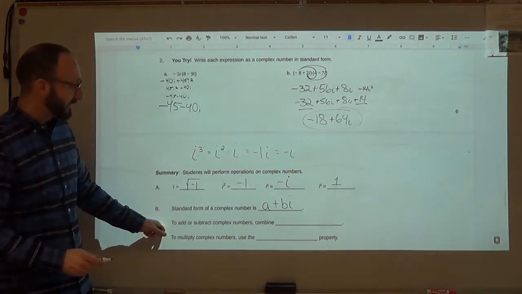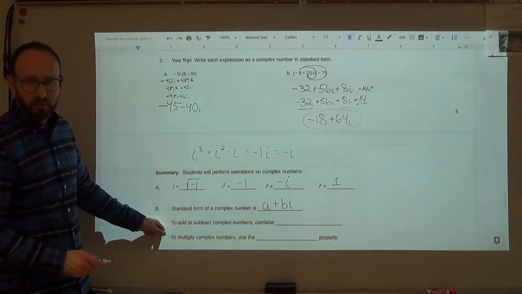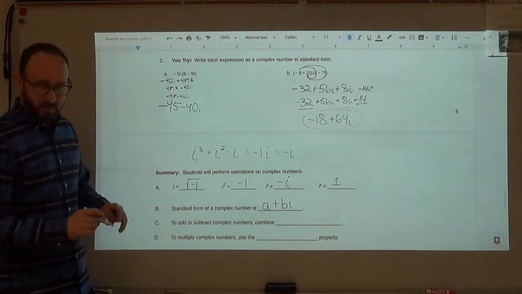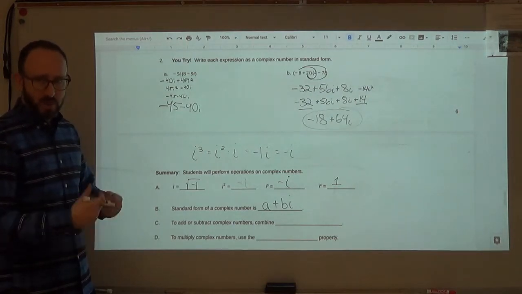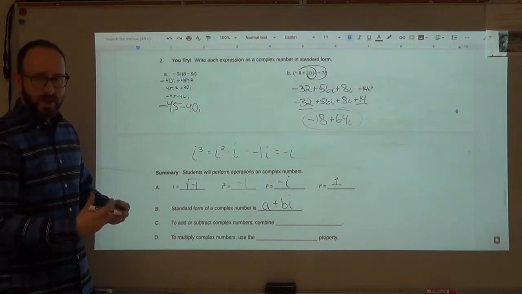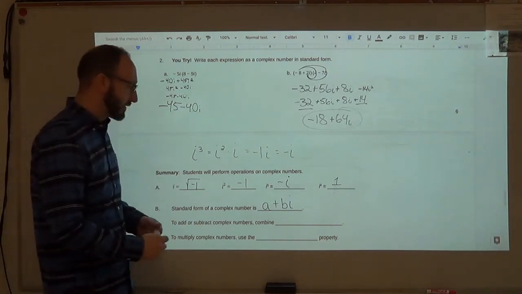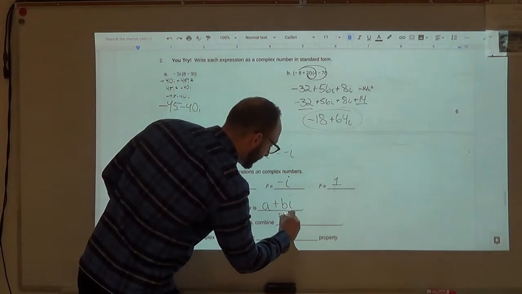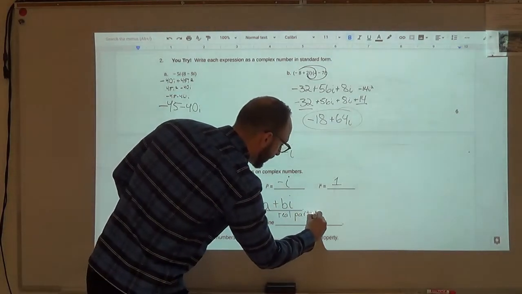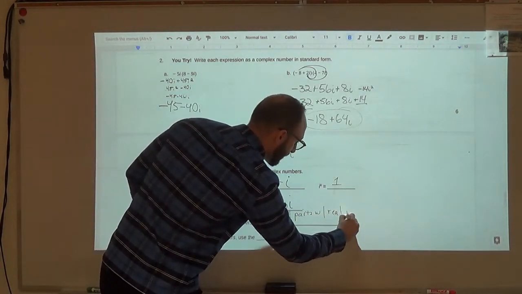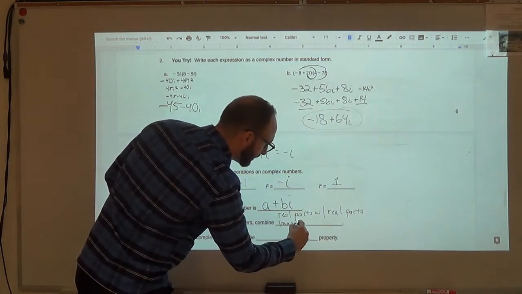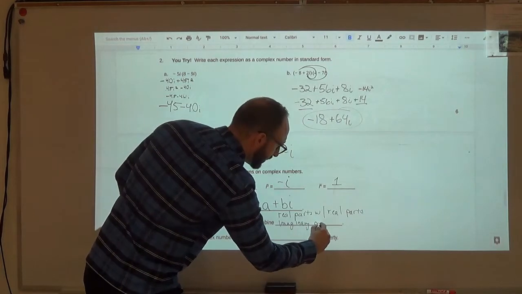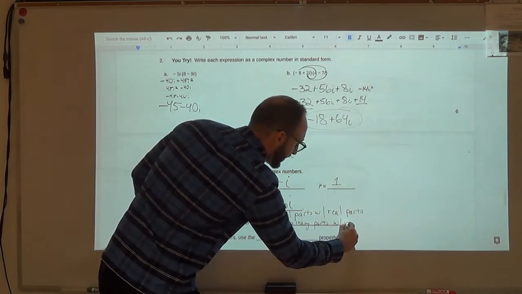To add or subtract complex numbers, combine what? Like terms, and if we want to get very specific here, combine the real parts with the real parts, and the imaginary parts with the imaginary parts.